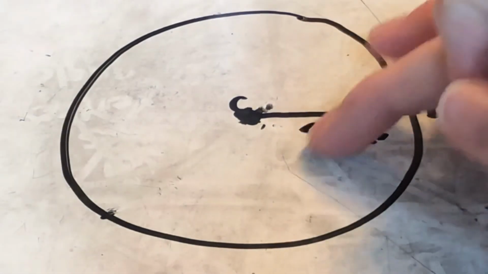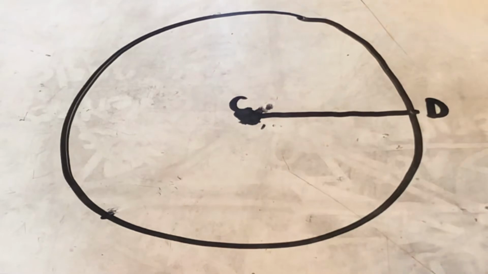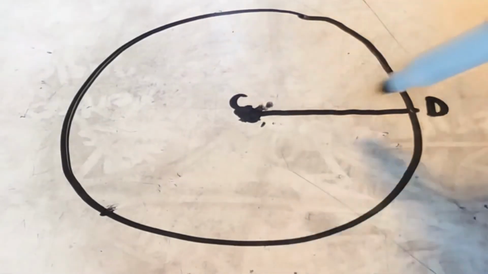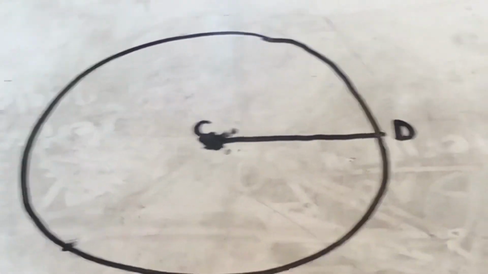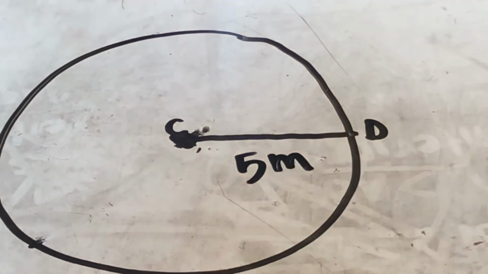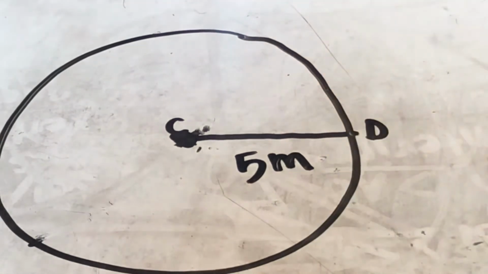Now, if we do it the other way around, if I have a radius here, and it's 5 meters, and I wanted to know what the diameter of this circle was, what do you think I would need to do? I know the radius is half of the diameter, and I have the radius, it's 5 meters.